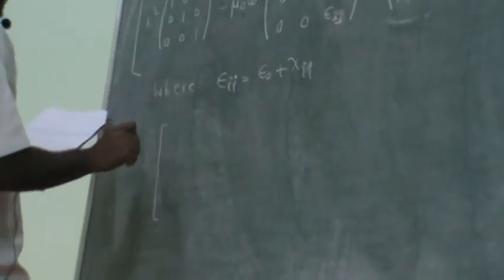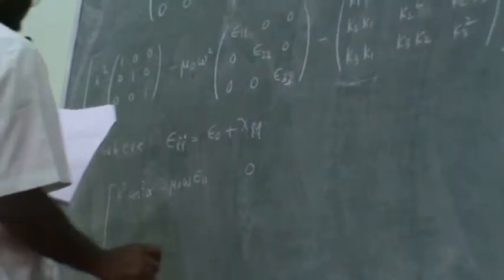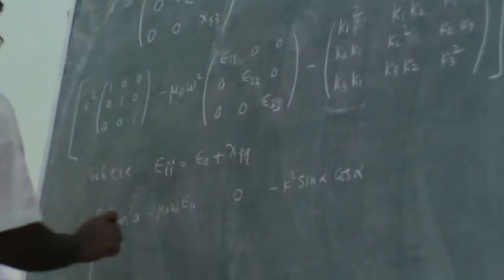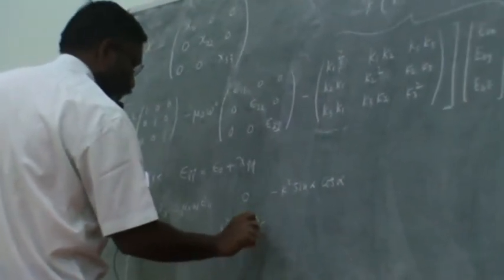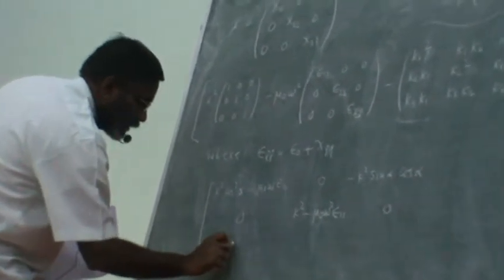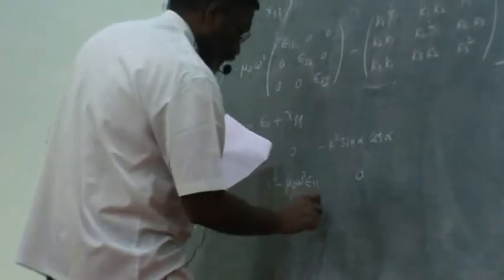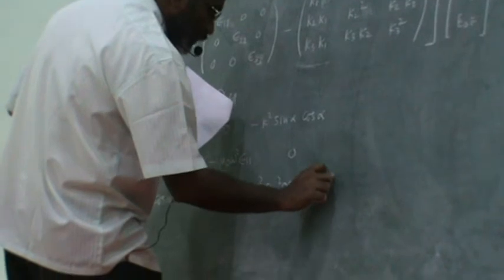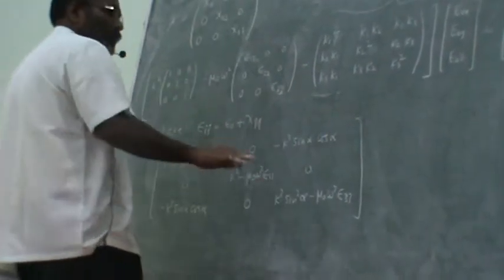You can show that this is: k square cos square alpha minus mu naught omega square epsilon 11, 0, minus k square sine alpha cos alpha; 0, k square minus mu naught omega square into epsilon 11, 0; minus k square sine alpha cos alpha, 0, and k square sine square alpha minus mu naught omega square epsilon 33. This is the matrix under these two assumptions.